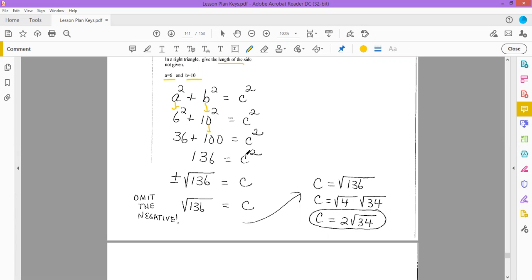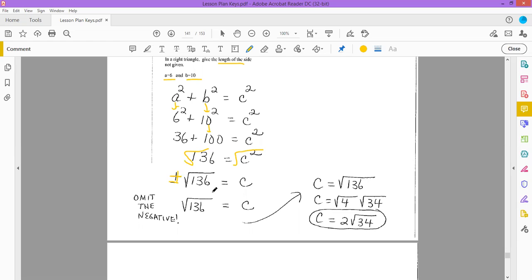To figure out what C is, the inverse or the opposite operation, we want to take the square root of both sides this time. When we take the square root of C squared on the right side, we get C. And when we take the square root of 136, we get plus or minus the square root of 136.